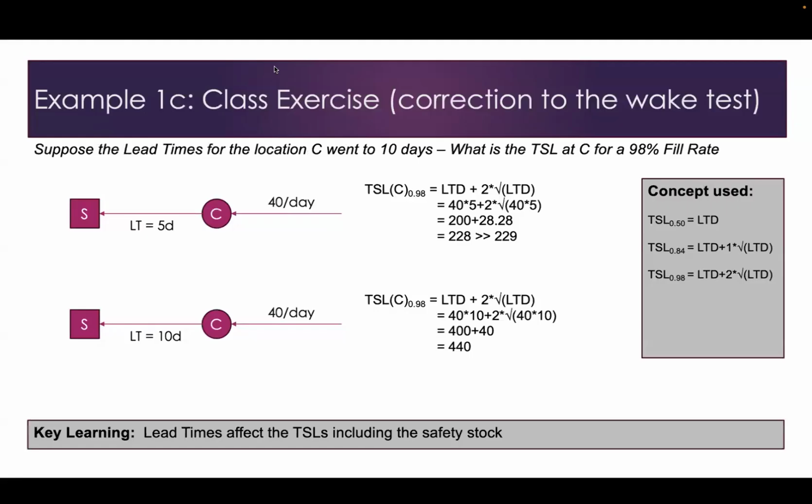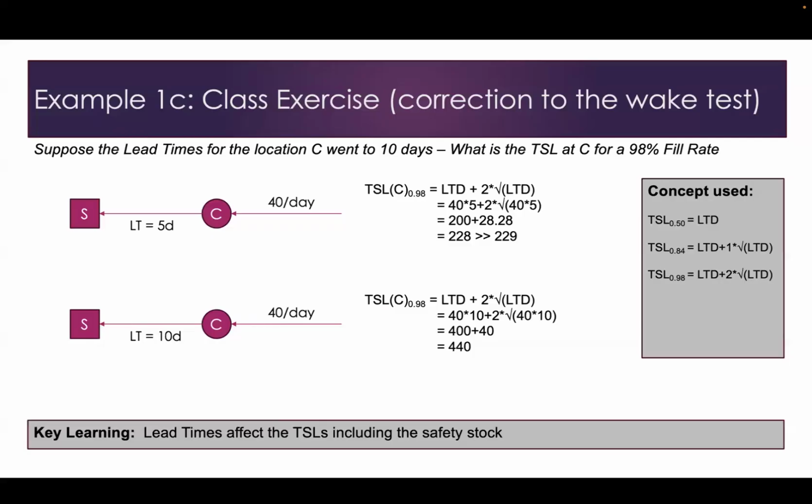Okay. So suppose the lead time for location C went from 5 days to 10 days. The demand rate is the same. What's the TSL for C at a 98% fill rate? I'll do this myself here. Your lead time demand is 40 times 10 plus 2 times the square root of 40 times 10.